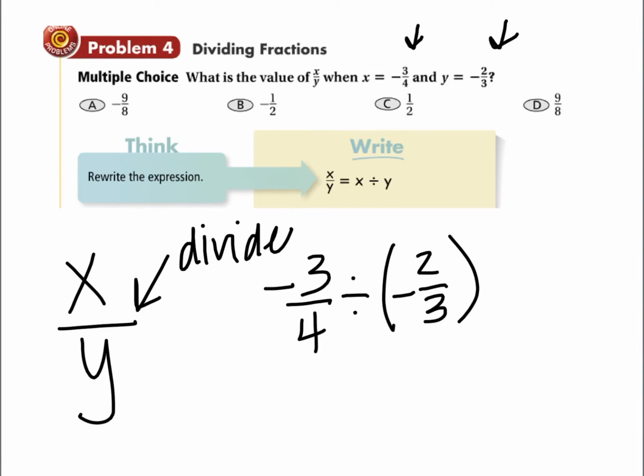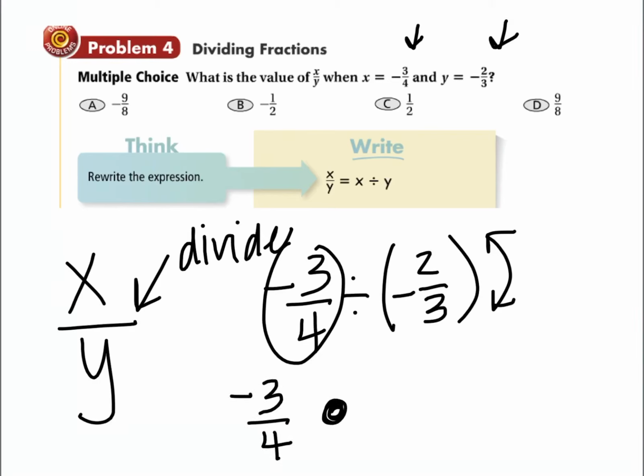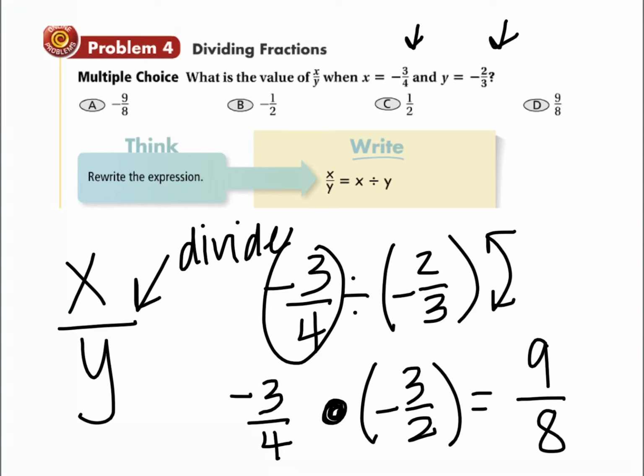And if you remember from 7th grade, we don't have to actually divide fractions. We keep, change, flip. So we will really have negative 3/4 times a negative 3 over 2. Then I can just multiply straight across. I have two negatives, so my answer is going to be positive, and straight across gets me 9/8. You can leave it like this, or you can change it into 1 1/8.